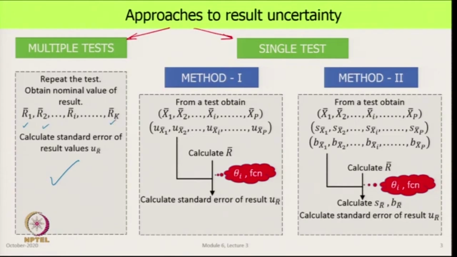And then using these as a sample, a statistical sample, we calculate the standard uncertainty in the result. Once we have that, then calculating the expanded uncertainty and the relative uncertainty can be done with the assumption of a confidence level.